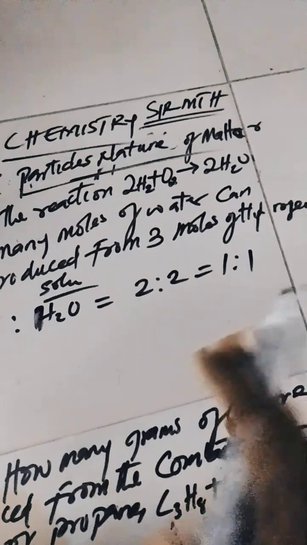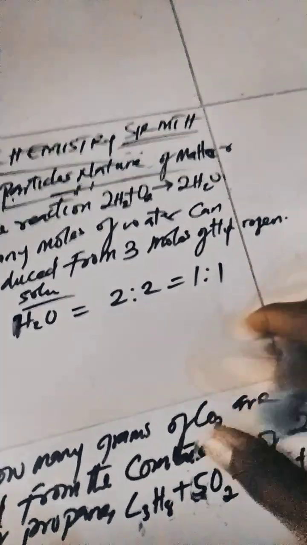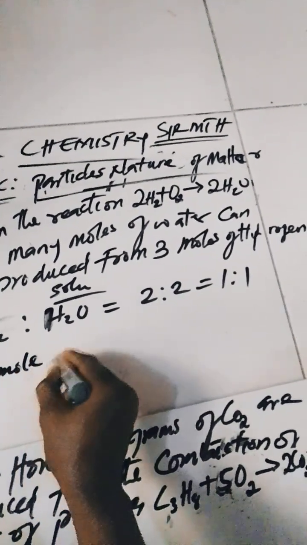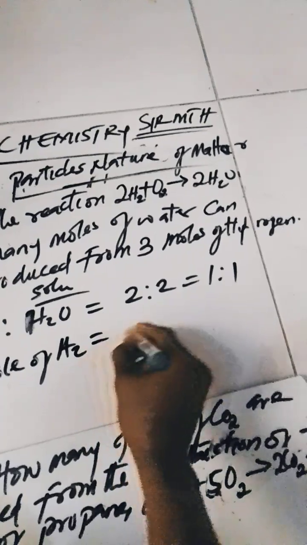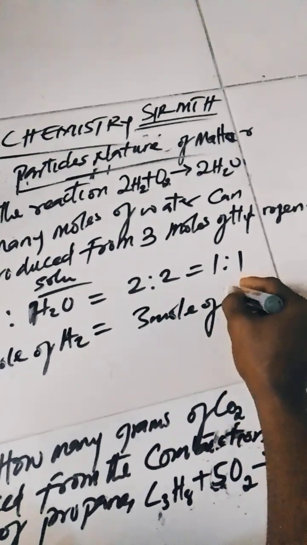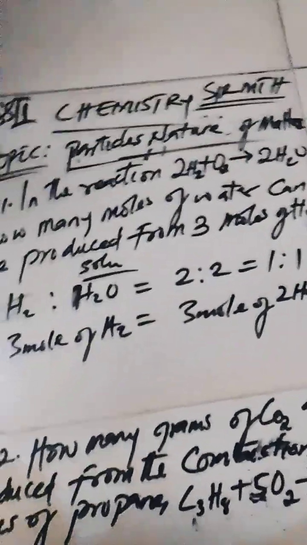So now each of them has respective values. Now how many moles is produced? So we have 3 moles of hydrogen equals 3 moles of what? Of water. As simple as that, since we're working on one against one.